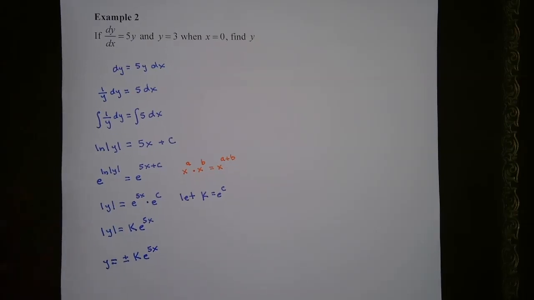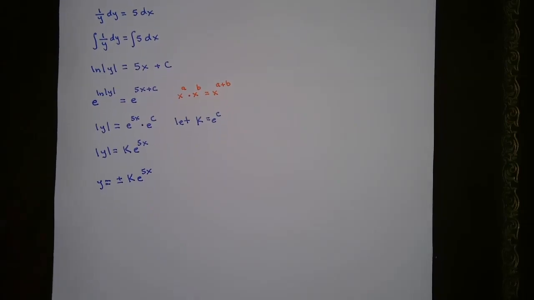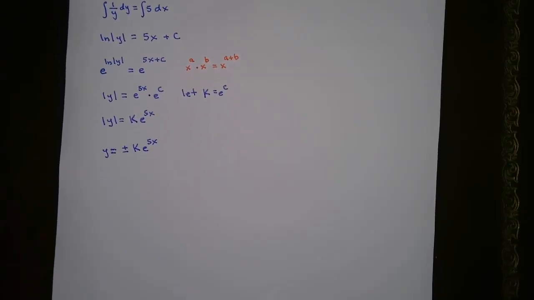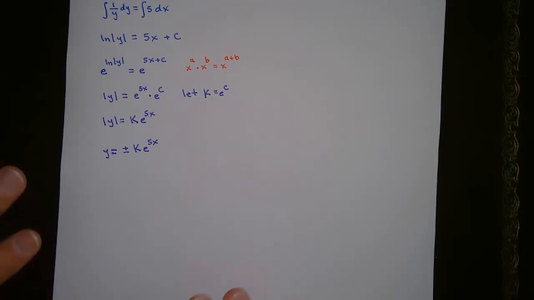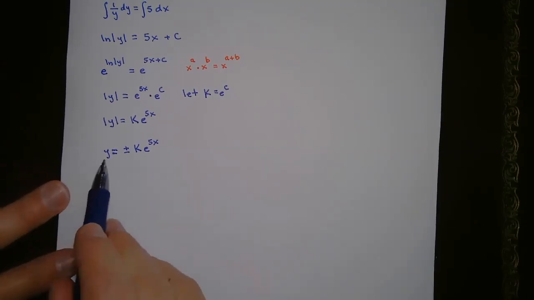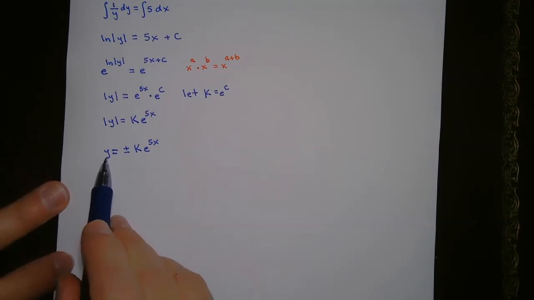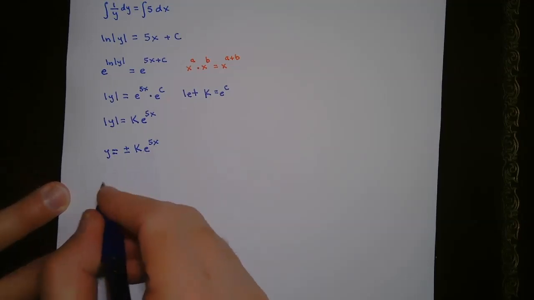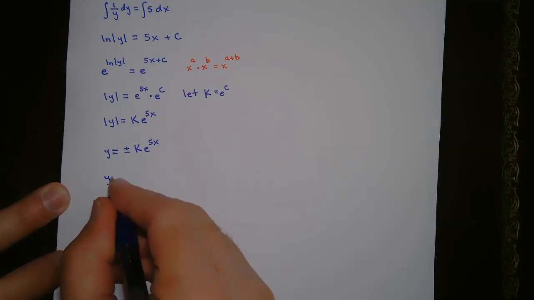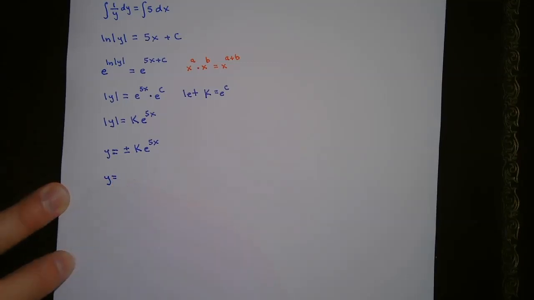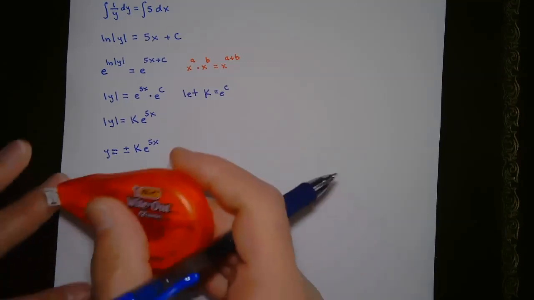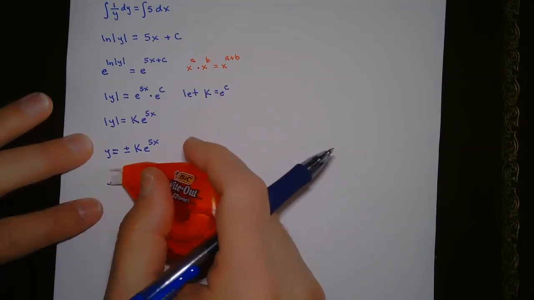I'm going to slide it up a little bit. Okay, so now what I'm going to do is I'm going to put in my initial conditions, okay? So I knew that y equals 3. This y right here is 3 when x is 0. Because we're going to do the initial conditions now.